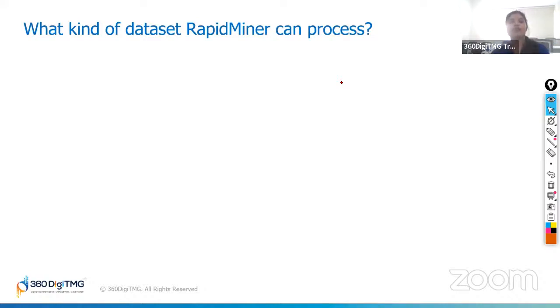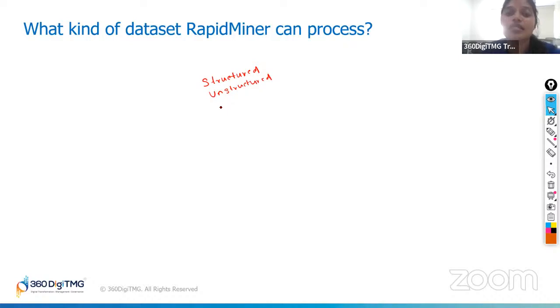And also, what kind of data set can RapidMiner process? RapidMiner can process structured data. It can process unstructured data as well. And what else?